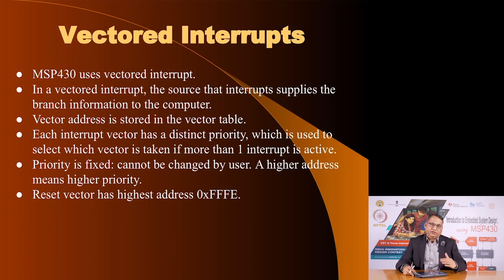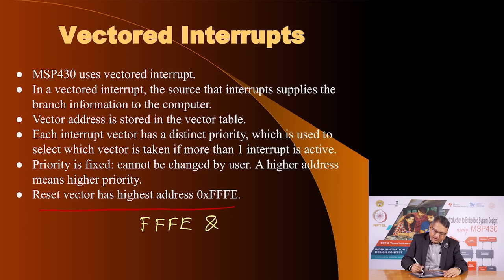The reset vector, and we will see how this is prioritized in MSP 430, the higher vector address means a higher priority, and so the reset vector has the highest priority. Why? Because it is located at this address, and just to repeat, the address is of two addresses, that is your instruction is at FFFE and FFFF, all right.